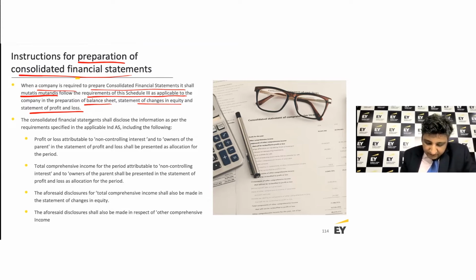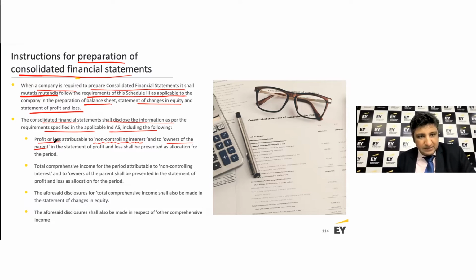That's where we start looking at the group financial statement shall disclose the relevant information, including the profit or loss as attributable to the non-controlling interest and to the owners of the parent. I would not want you to be worried a lot here about what these terms indicate.